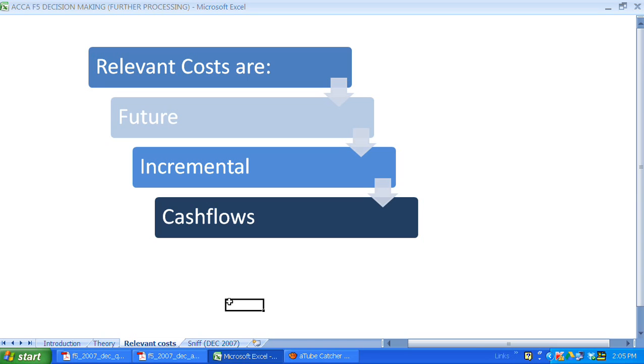It is something incremental, so things like fixed costs which wouldn't change as a result of a certain decision would ideally not be a relevant cost. And it's a cash flow, meaning things like depreciation and amortization wouldn't qualify to be relevant costs. So we're going to evaluate many of the costs in the scenario using relevant costing principles. A relevant cost is a future incremental cash flow.